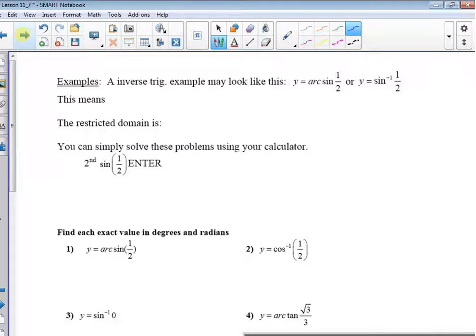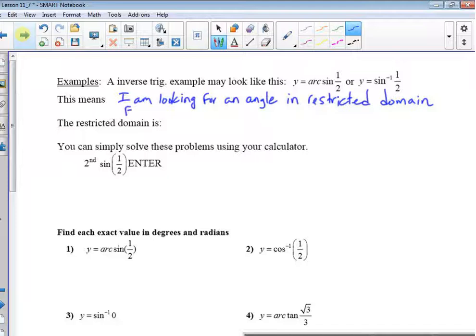This means I'm looking for an angle in the restricted domain for sine whose sine is 1/2.